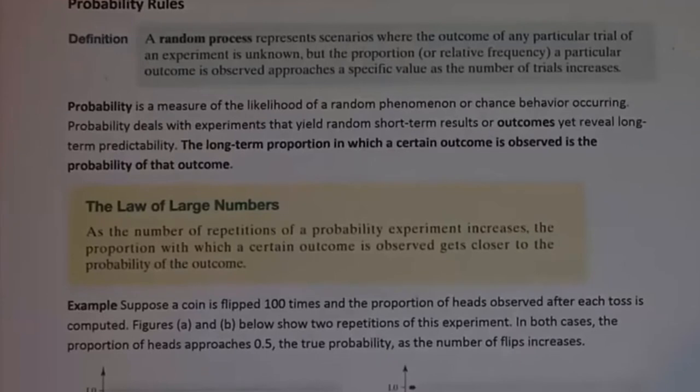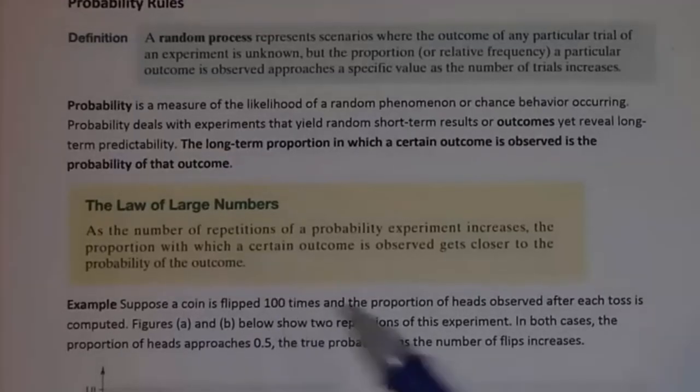So if I were to flip a coin 4 times, I might get heads all 4 times, which would be 100% heads. So in the short term, I might get a proportion that is not anywhere close to the true probability. But if I continue to flip that coin 1,000 times, then if it's a fair coin, I am going to get about 500 heads and about 500 tails.